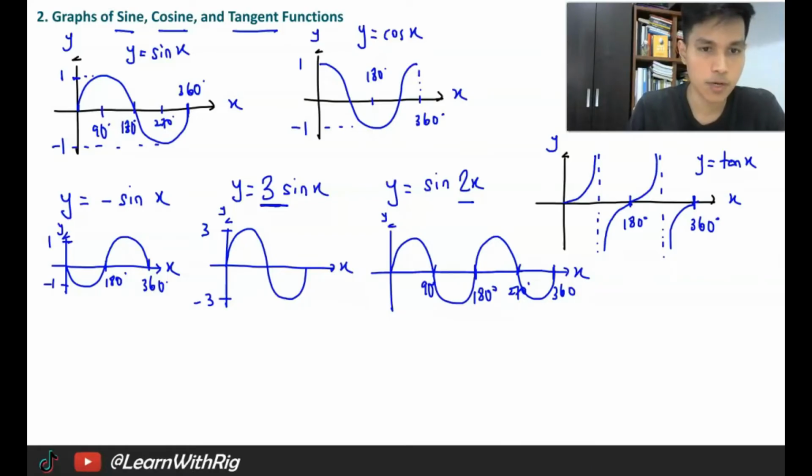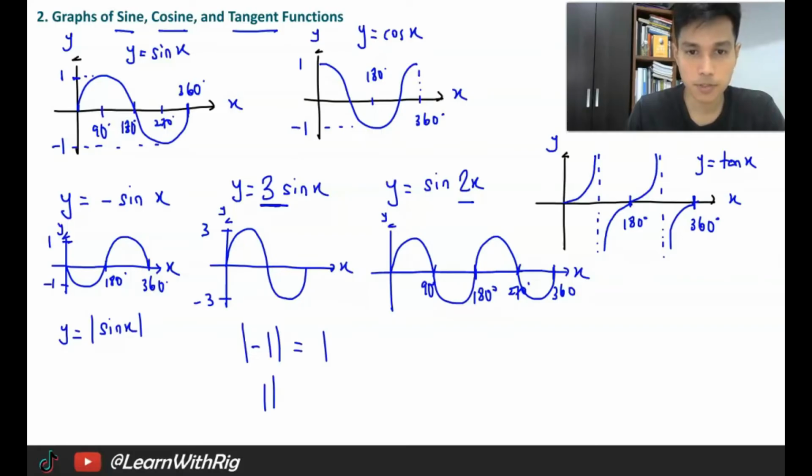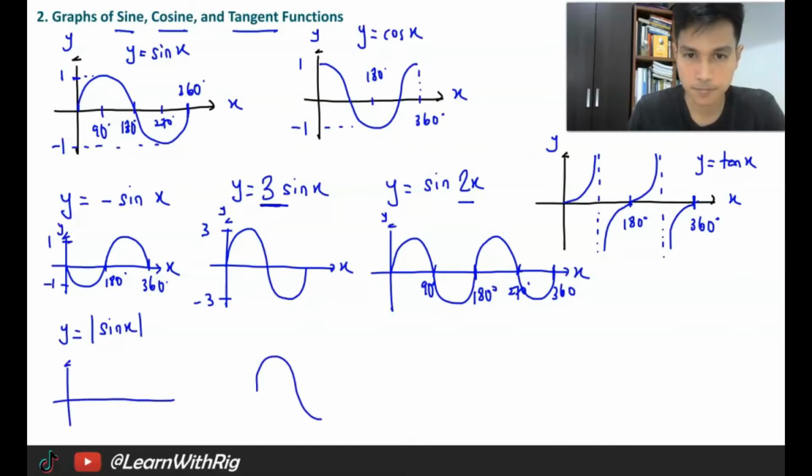Alright, next, what if you have y equals modulus sine x? We learned this in the past, right? Modulus changes all the negative values into positive values. If I tell you negative 1 modulus, you get positive 1. If it's already positive, then no change, you still get 1. So whatever is negative will be changed to positive, and whatever is positive will remain the same. So originally it's the sine graph.